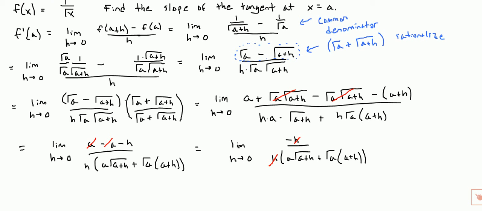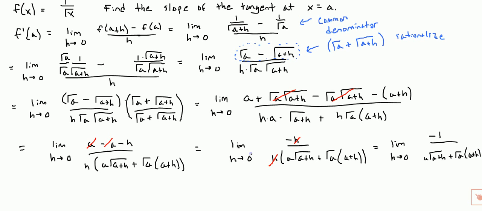Okay? If that doesn't happen, then either something went wrong or you're not going in the right direction. Got to get that h to disappear from the denominator. Now we have a negative 1 on top, and we have a root a plus h plus root a times a plus h.